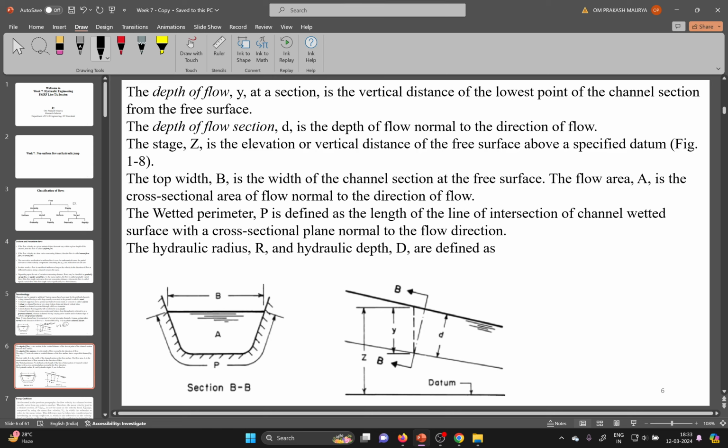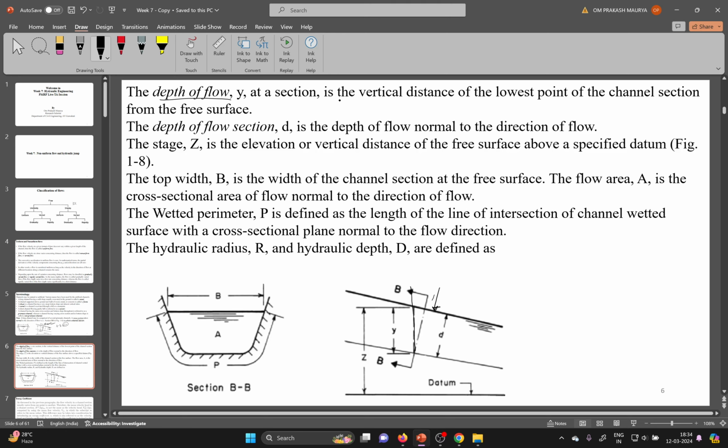So here you can see the datum and all. The flow depth here is Y. You can see the depth of flow is Y at a section. Flow depth we take not perpendicular to the surface. Actually the perpendicular to the surface is this, that is the water surface, but we measure the flow depth as vertical.